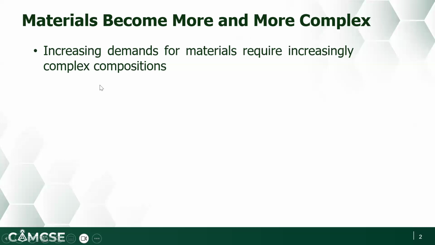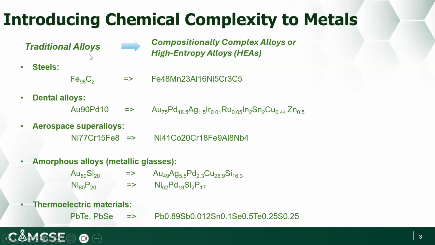As we all know, the increasing demand requires materials to become more and more complex. This trend can be found in many examples, such as steels. Many years ago, steel was very simple, just iron and carbon, but nowadays steel can be very complex, composed of more than 10 elements.